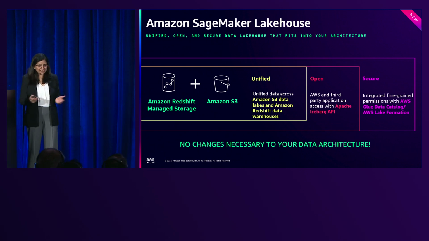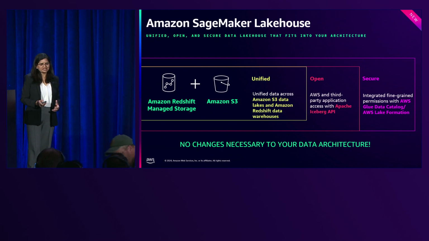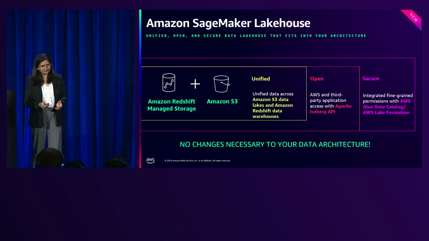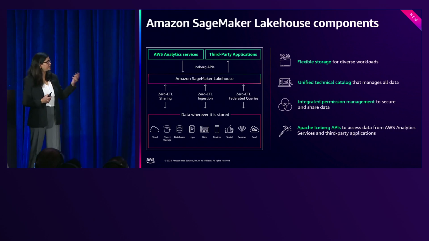So no changes necessary to your existing data architectures. You can simply start using this either directly from SageMaker Unified Studio, which is in preview, and be able to leverage the Lakehouse architecture as you see it today.